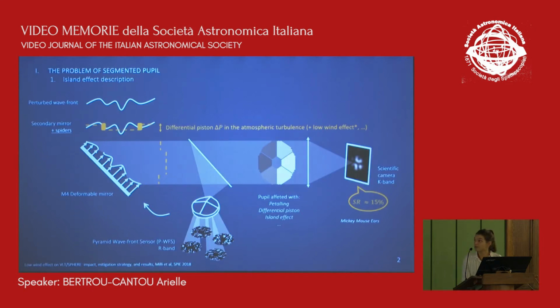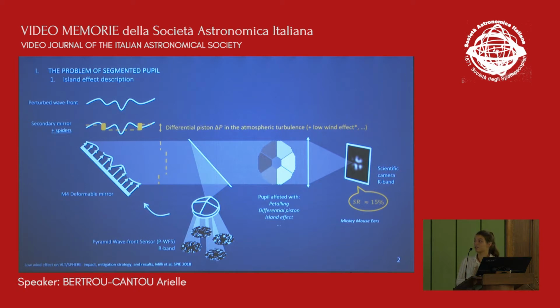So first thing, let's go back to the basics of adaptive optics, but with the peculiarity of an ELT, which is large spiders. The spiders are very useful to maintain the secondary mirror, but they break the spatial continuity of the wavefront, meaning that we have 6 sub-wavefronts which are corrected by the deformable mirror, and some light is diverted towards the pyramid.